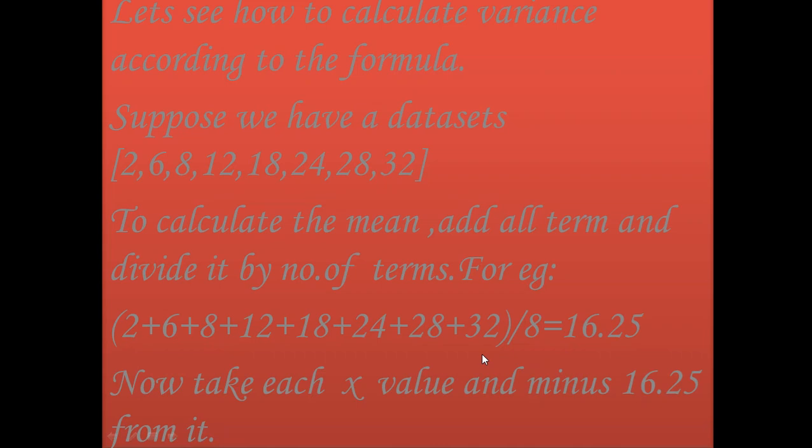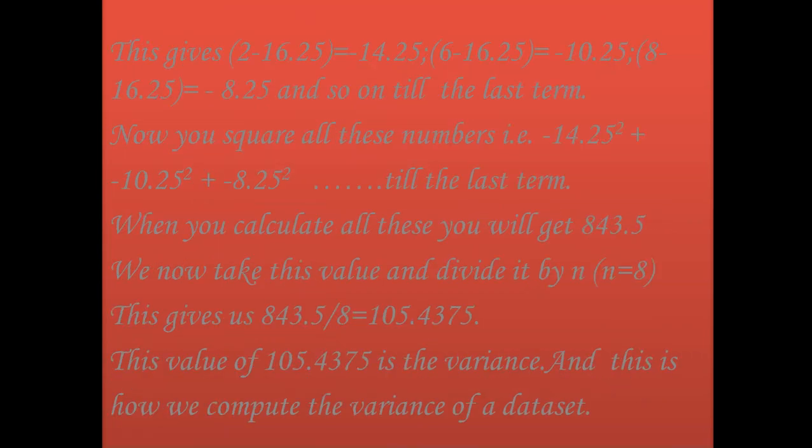Let us see how it will be. 2 minus 16.25 will give you minus 14.25. 6 minus 16.25 will give you minus 10.25. 8 minus 16.25 will give you minus 8.25, and so on till the last term.